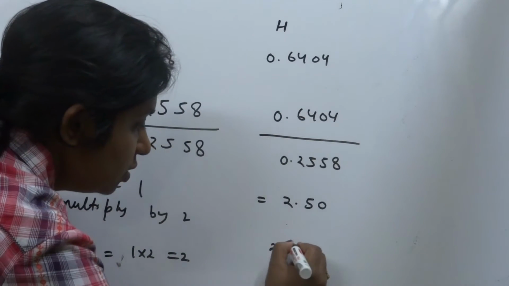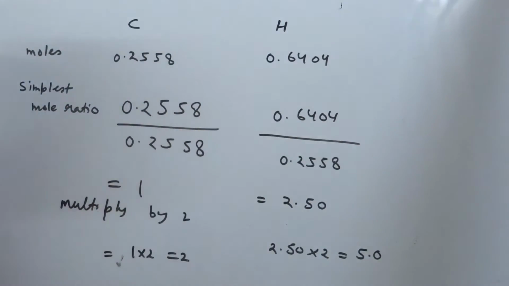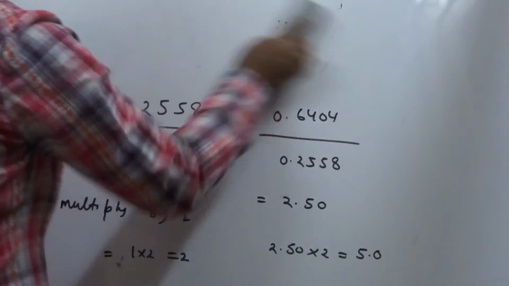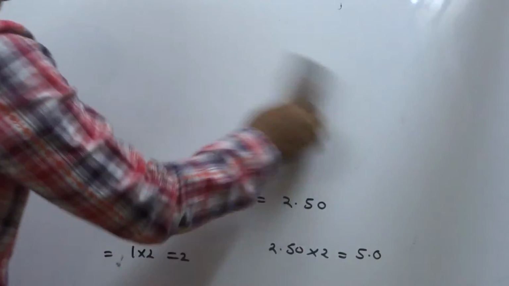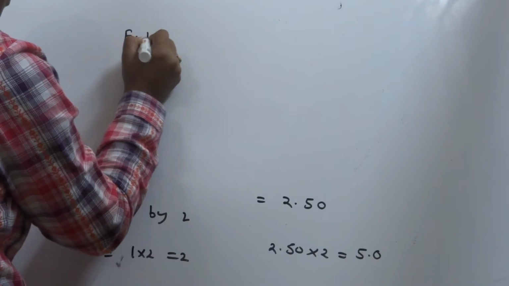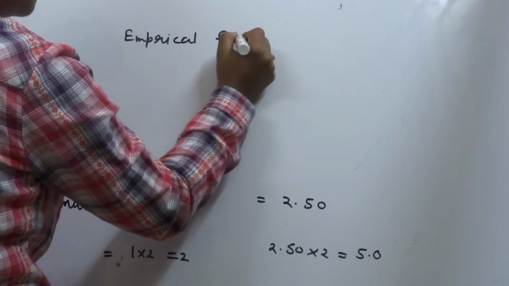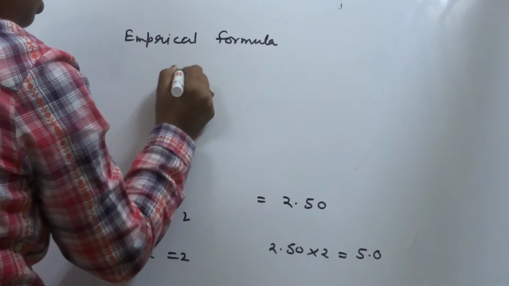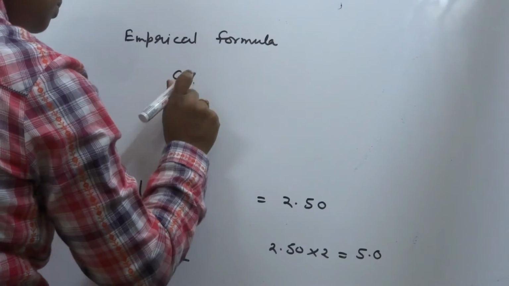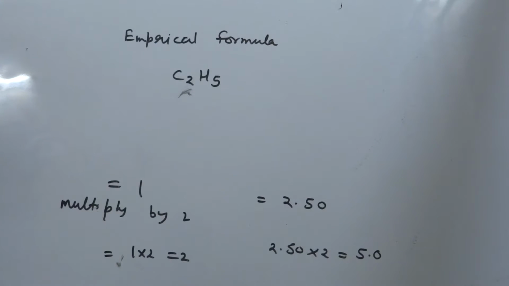For hydrogen 2.50 into 2 is equal to 5.0. On this basis, our empirical formula will be C2H5. That is the empirical formula.